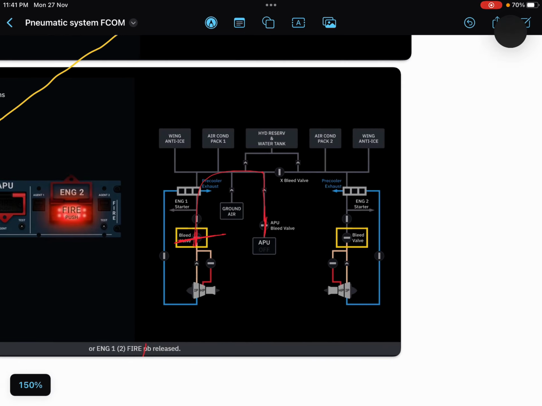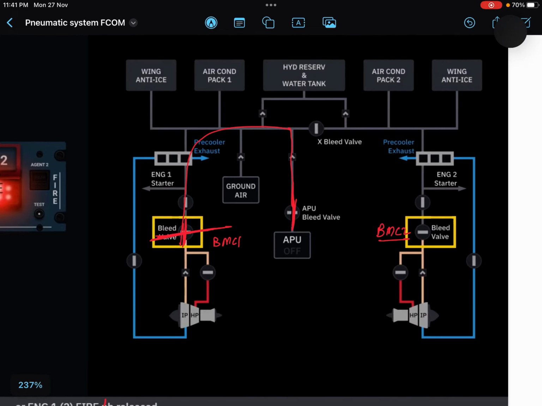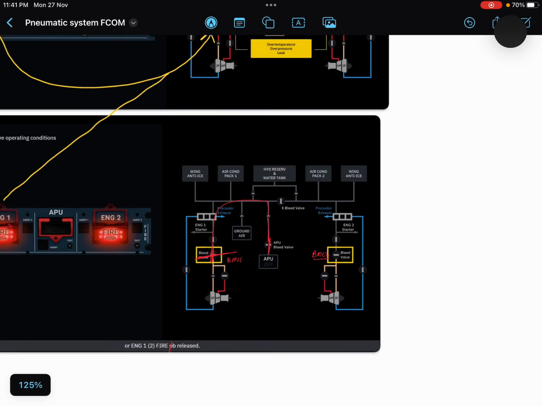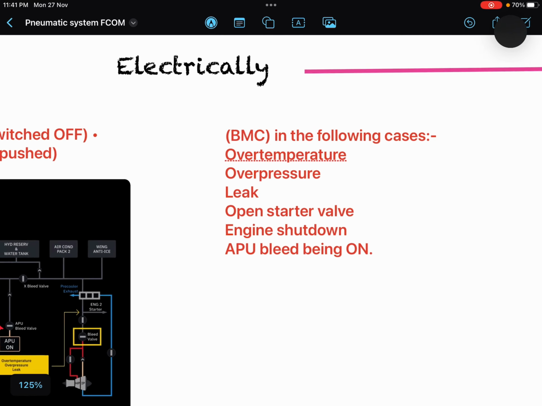So chill, BMC is here for you. BMC will automatically close the respective bleed valve. BMC 1 will do it and BMC 2 will close the engine number 2 bleed valve, right? Relax. So these are the electrical closure conditions I am telling you.